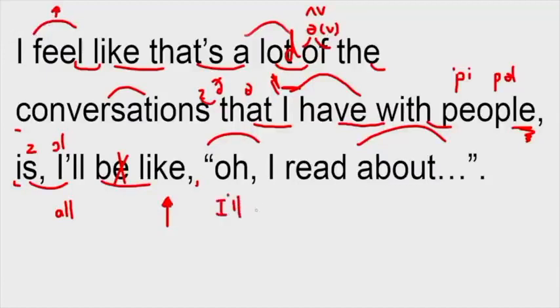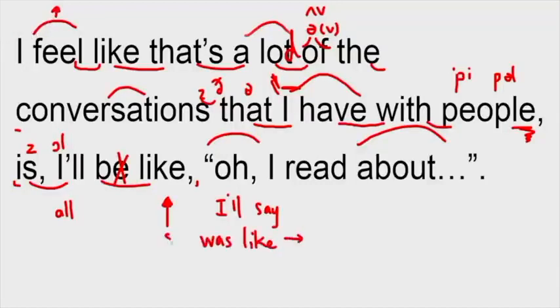Or if you're talking about a woman, you could say, "And then she was like, no way." That would be the equivalent of saying, "And then she said, no way." So we use the word "like" sometimes in storytelling as a substitute for "said." "I'll be like" is "I'll say," or "I said," and "she was like" is like saying "and she said."